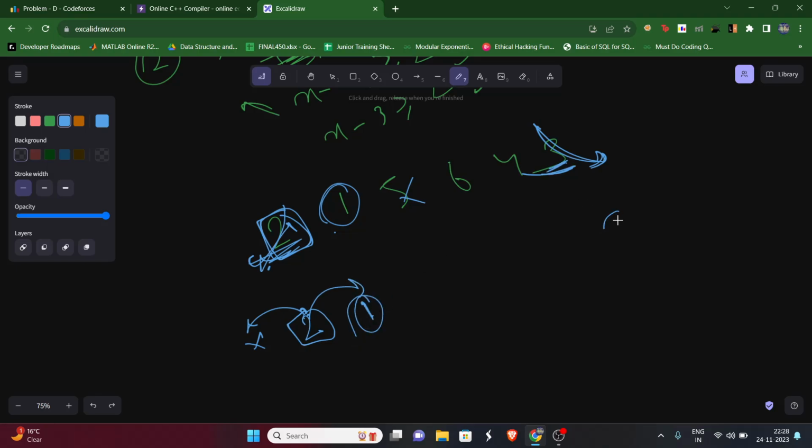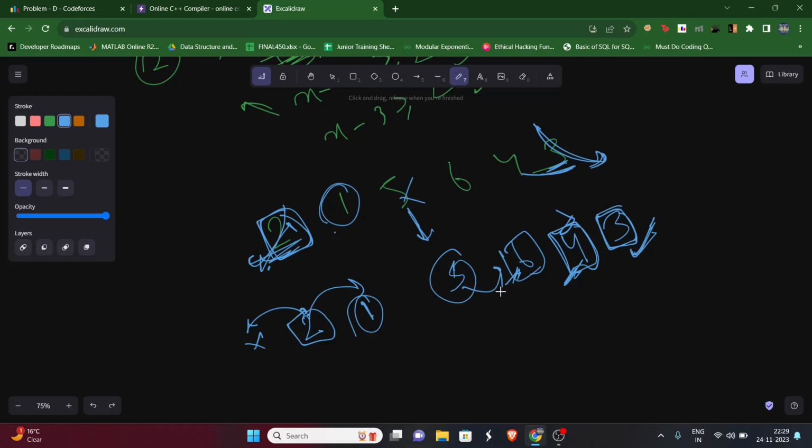Similarly, for this 3, it will become more clear. If I want to kill this 3, that means I have to kill this 4. Then only I will be able to kill this 3. And to kill this 4, I'll have to kill this 6. Then only I will be able to kill 4. And to kill this 6, we must kill this 5. Then only we will be able to kill this 6.